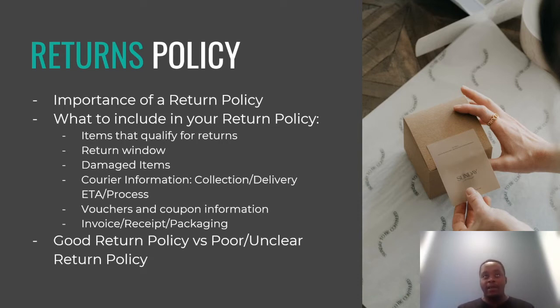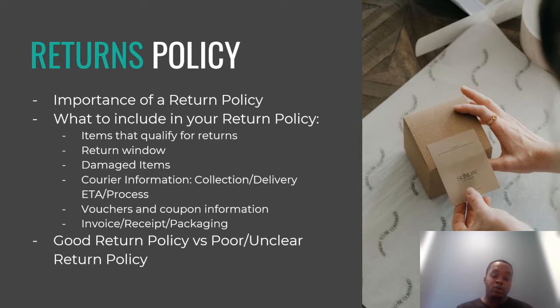The second step is to decide on what you need to include in the return policy. This is not an exhaustive list, but you could include the products that qualify for returns, the return window, and damaged items, meaning how to go about processing and handling products that get damaged, or when the customer receives them in a damaged state.